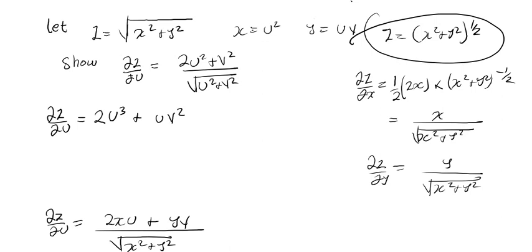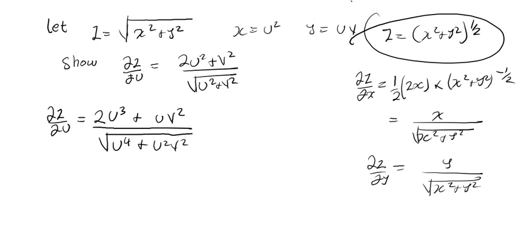This is divided by the square root of, where there's x here, I substitute u squared, which is just going to be u to the power 4, plus, where there's y, I put u squared v squared, like that. Okay, this is coming out okay.